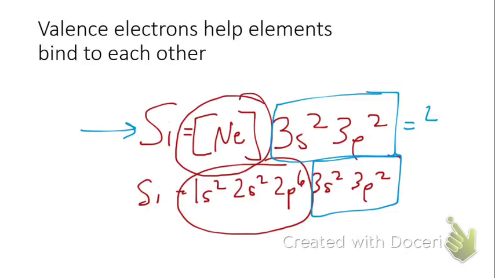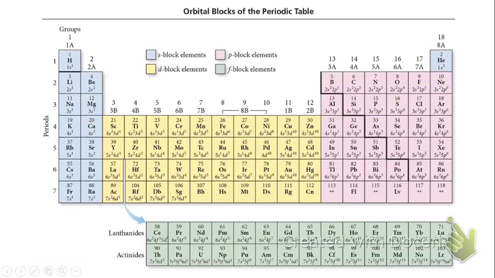So silicon has 4 total valence electrons: 2 from the S, 2 from the P. But there's another way that we can determine this. Here's the easiest way to determine how many valence electrons are around an element. This is column 1. This is column 2. This is column 3, 4, 5, 6, and 7.